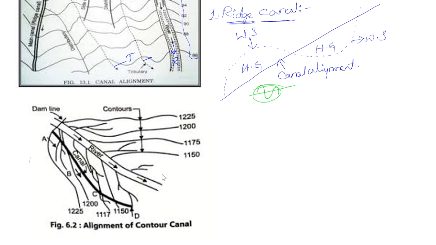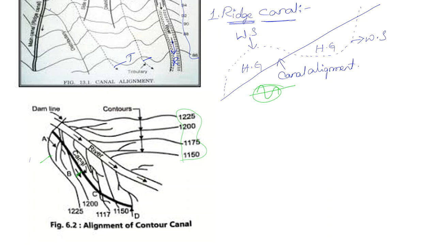Okay, as we all can see, there are many contours over here. I will be showing it like this. We have different range of contours over here, and we can see a river is passing through. We will be showing contours over this like this, and you can see here it is a dam line, and here you can see a canal which is passing through many contours, which is covering almost all contours over here.